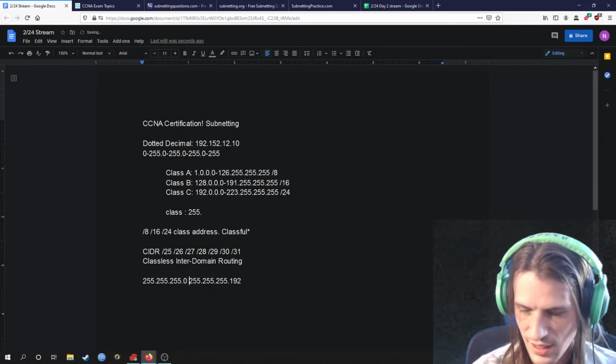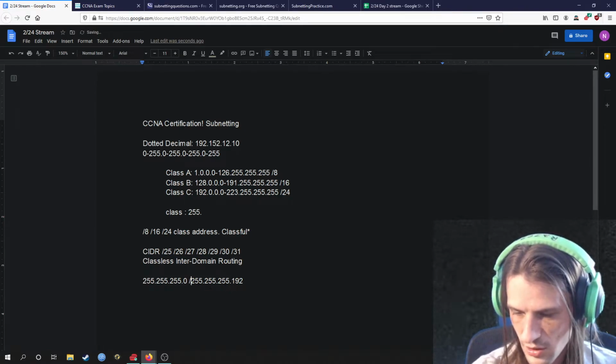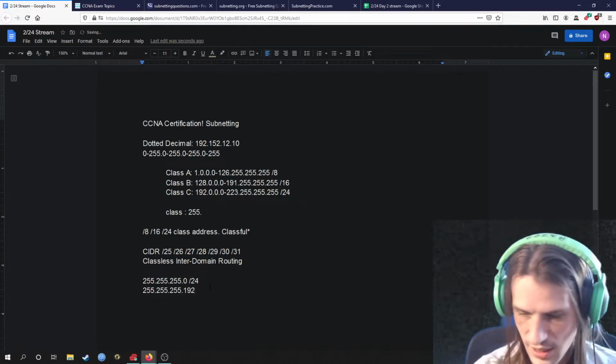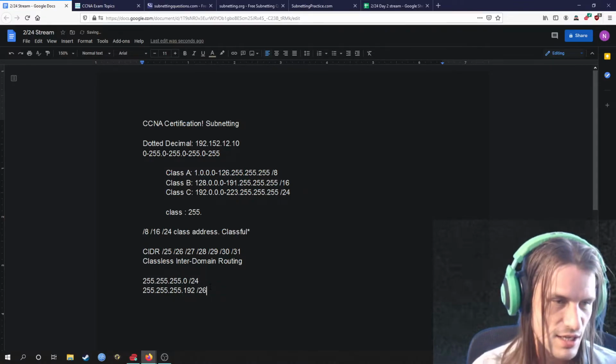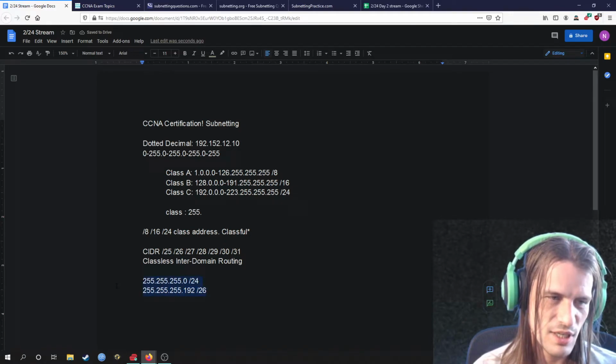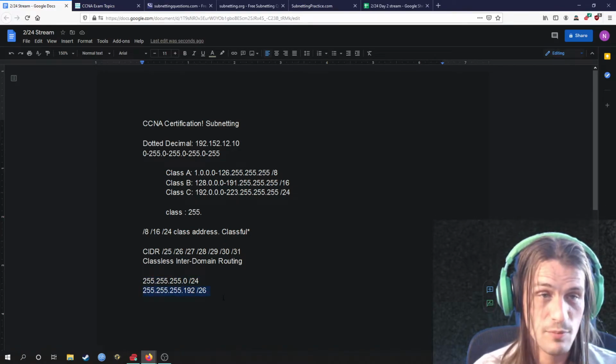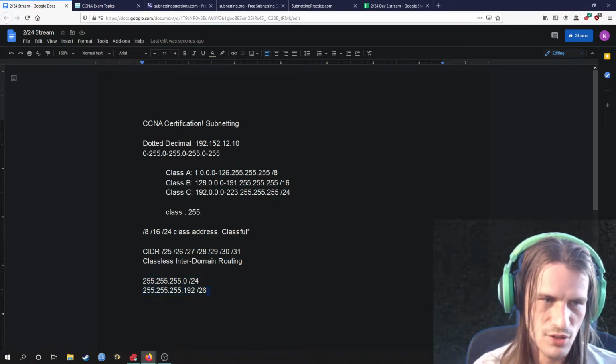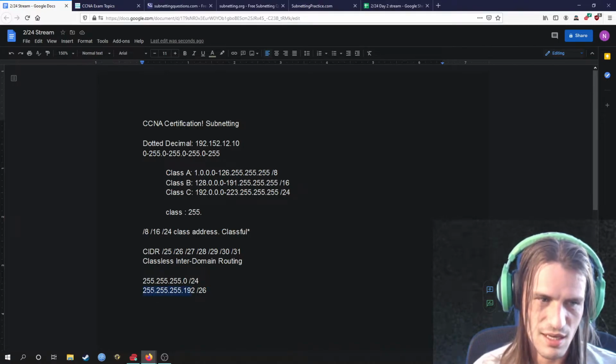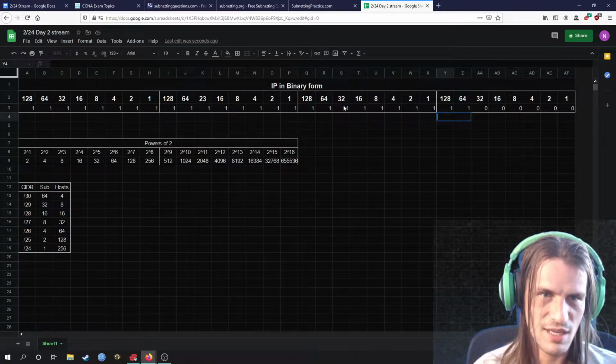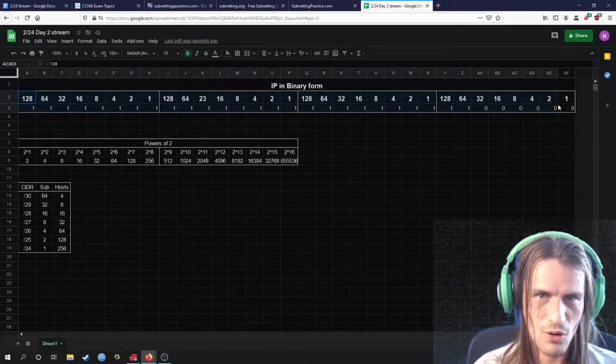So this is a /24. This is a /26. So you get these numbers by just converting. It's not a manipulation, it's a conversion. This is the same thing as this is the same thing as this. These are all the same thing.